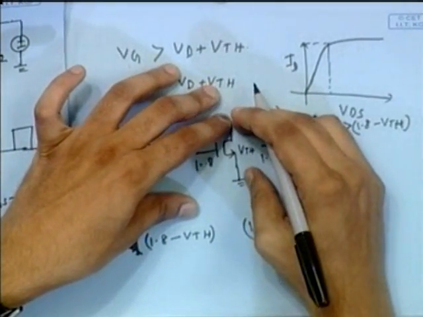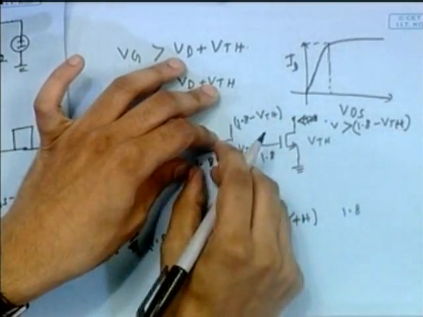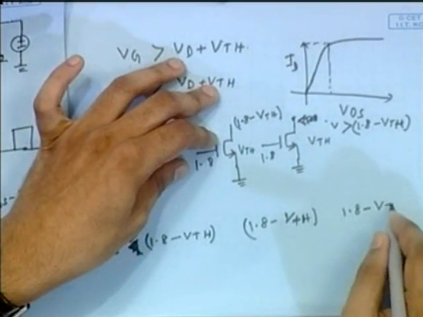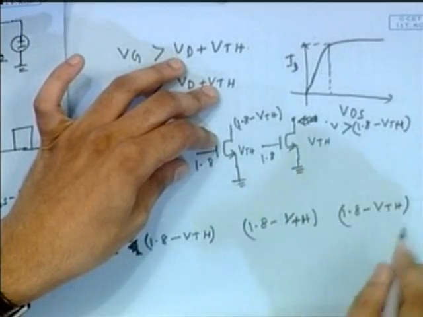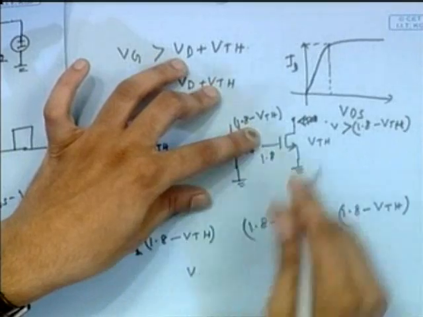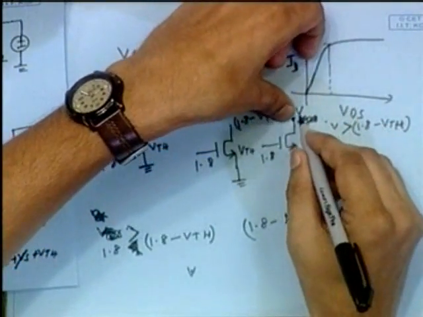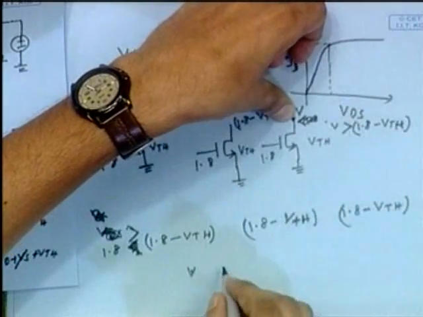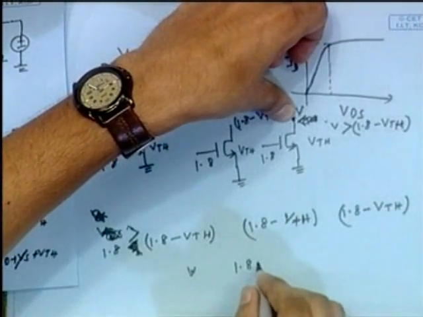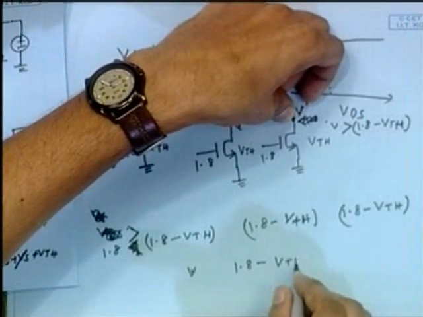The third one: this voltage I have taken as V, and this side is 1.8 minus Vth.